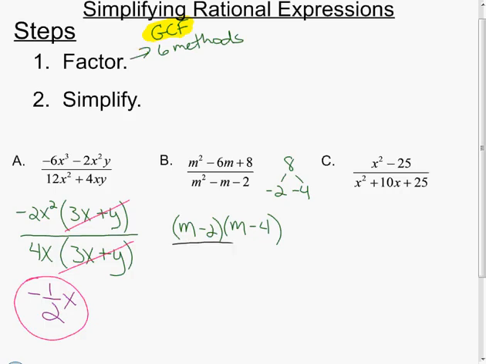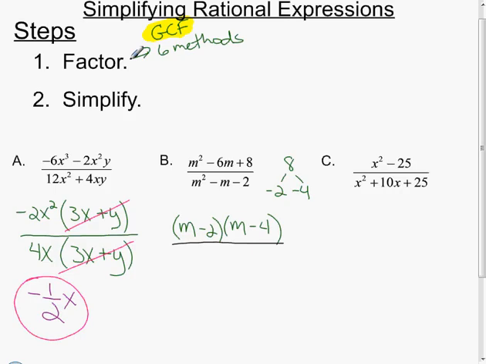Then continuing on, I got to factor and look at the bottom. Well, again, always looking at GCF first. I don't see a GCF. It's not a difference of squares. 2 is not a square, so it's not a perfect square trinomial. And then I guess I'm going to think, it's an easy quadratic trinomial.